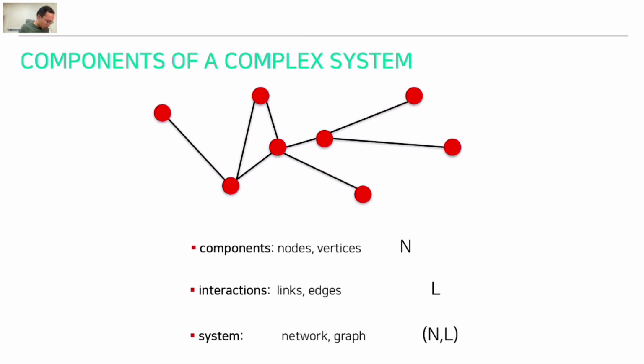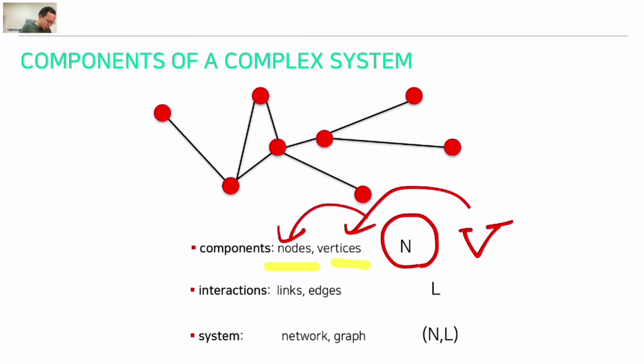So we have components, which are nodes and vertices. We often denote the component as N or V. N represents the node, and V represents the vertices.